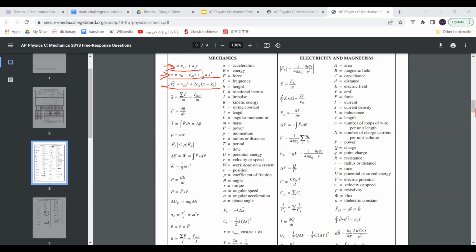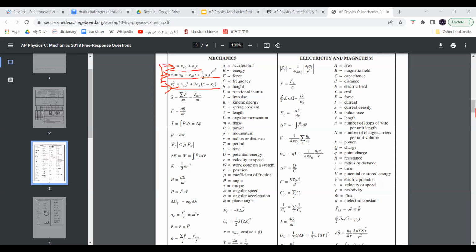Here is probably the one that's a bit harder to remember, but it's pretty cool in that you don't have to solve the other two to get v final from v initial. If you know your v initial, your change in displacement and your acceleration, you can find v final by this equation, where the difference in squares between the velocities is just 2 times a times delta x.